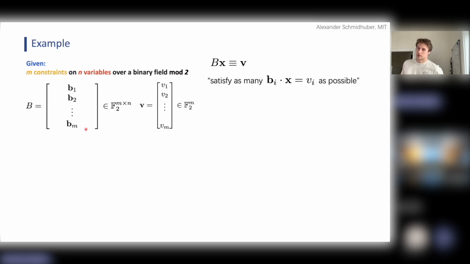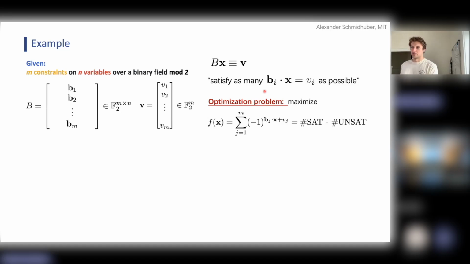And you write these constraints as rows of a matrix and some vector. And the goal now is just trying to find some n-bit string x that satisfies as many of these row equations as possible. So b_i is some bit string. This inner product is just a number, which is either 1 or 0. And you force it to be whatever the bit is here in this vector v.